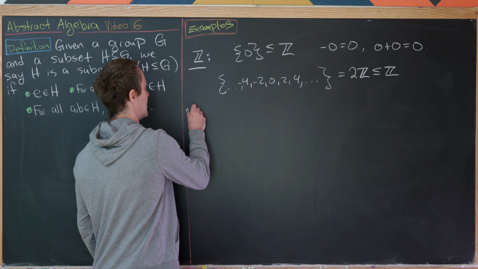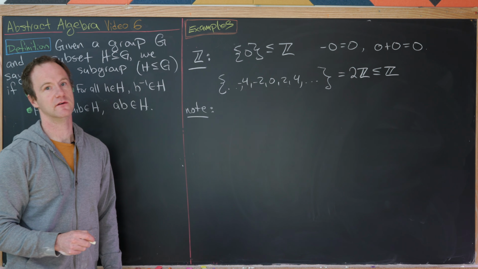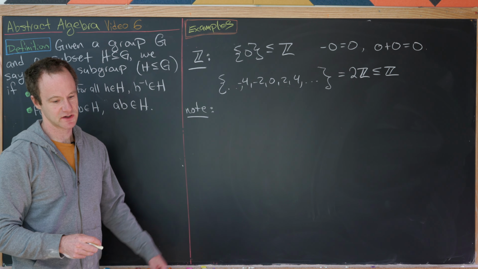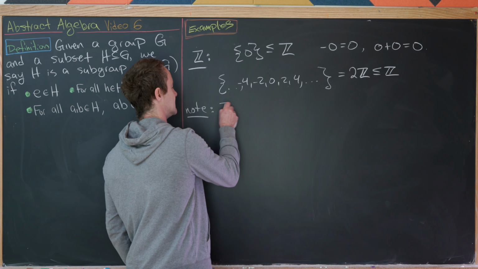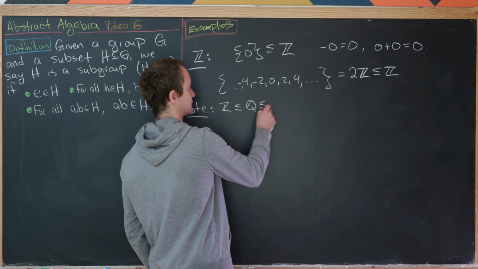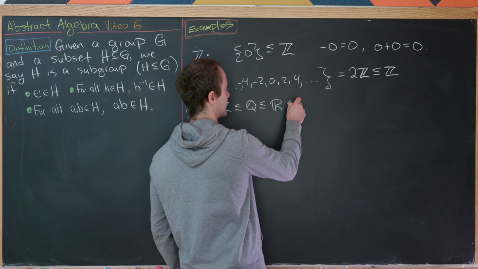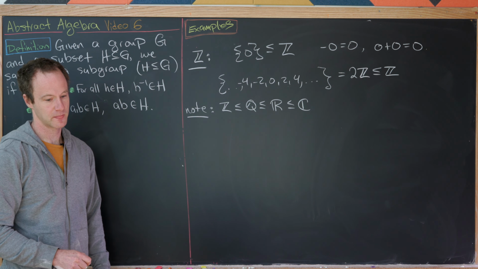Let's note that we actually have this nice string of subgroup relationships starting at Z. Notice that Z with addition is a subgroup of the rational numbers with addition, which is a subgroup of the real numbers, which is a subgroup of the complex numbers with addition.